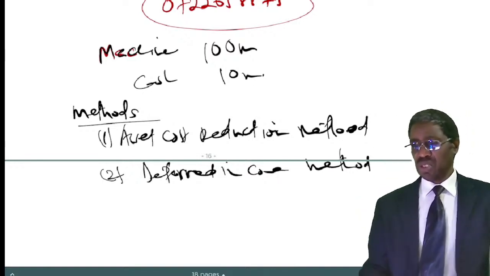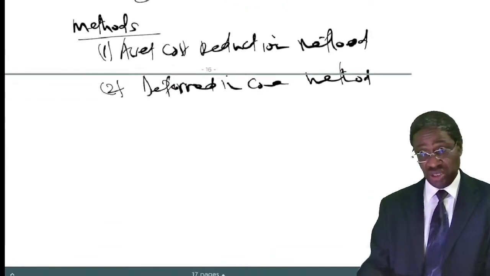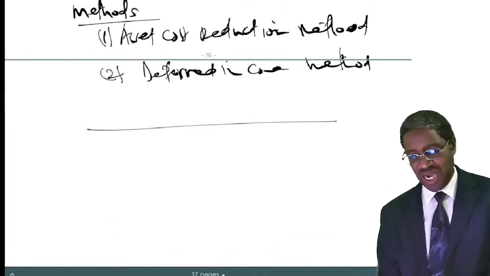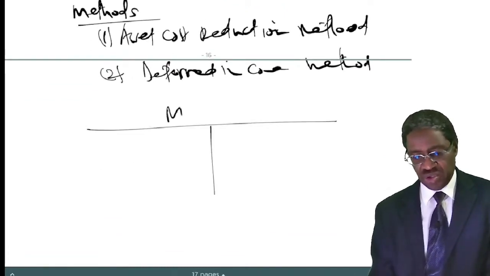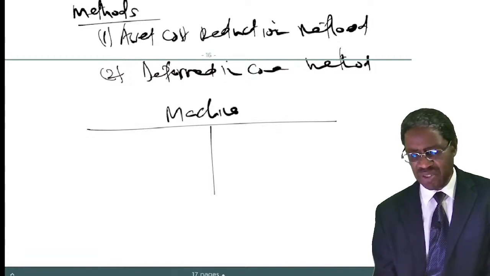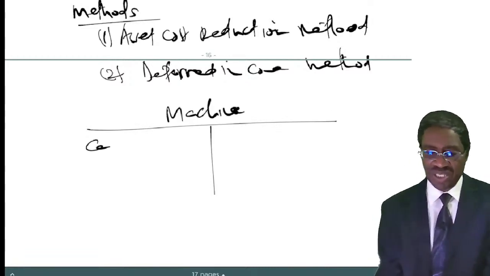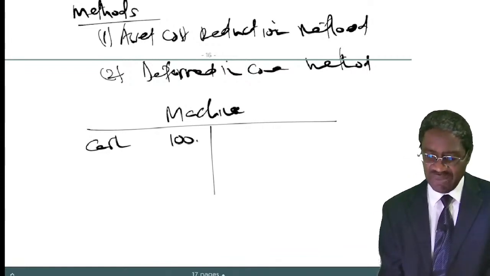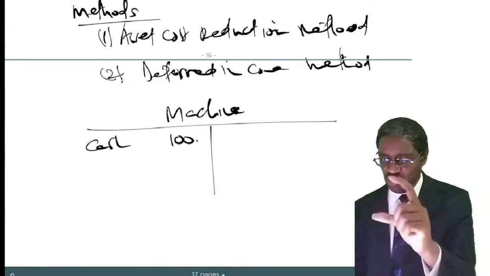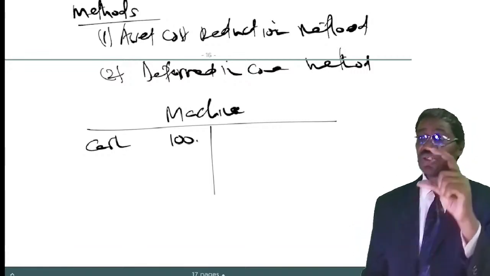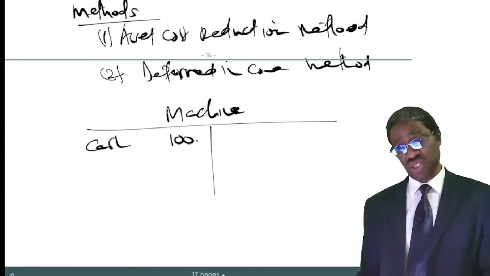Listen, you bought a machine at a cost of 100 million. So you must have debited machinery account, and you must have credited cash by 100 million. That's what you as a business paid towards the purchase of that machinery.